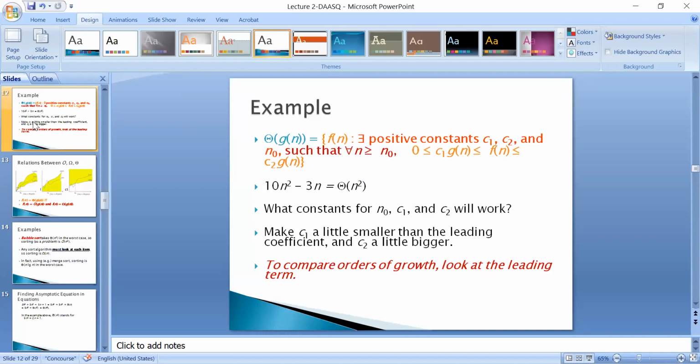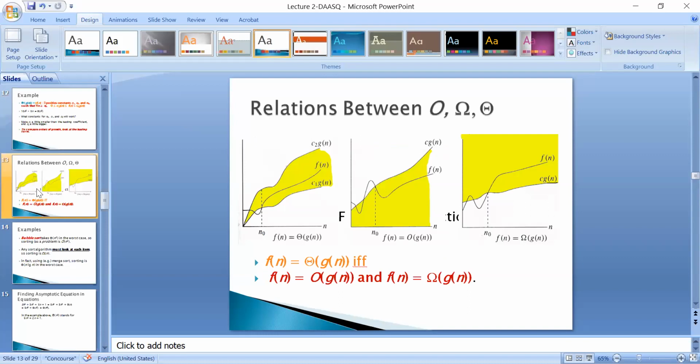And why is it theta? Because using constants C1 and C2, you can adjust the function fn such that it lies between gn multiplied by two different constants, C1 and C2. So you are giving a range of values. When we say theta means equal to, it doesn't mean exactly equal to, it means it is in between these two values.